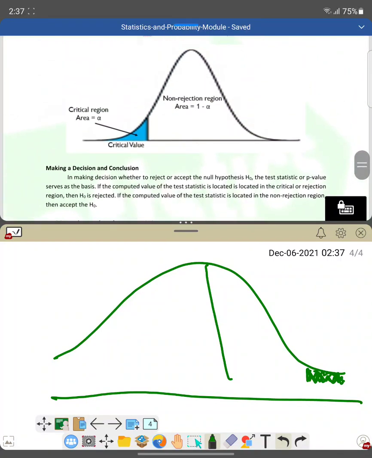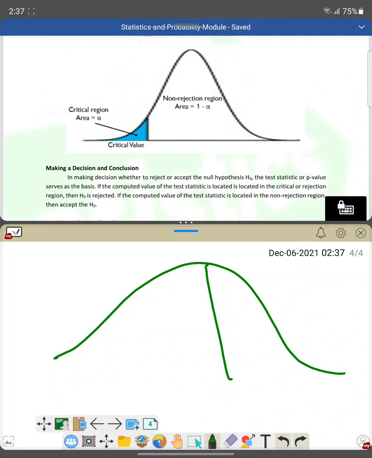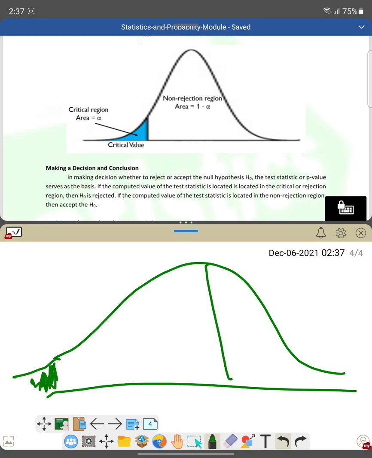So this time the scenario is different. That is why the term is left-tailed test or lower-tailed test. Why lower? It is because the critical regions are located on the negative part of your normal distribution, and these values are the least values.